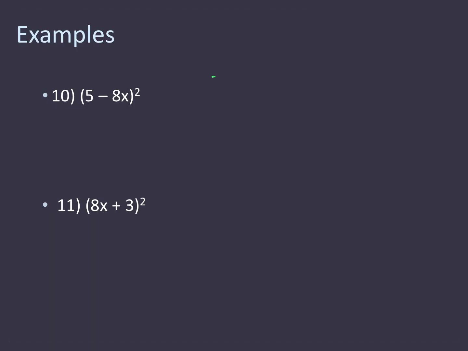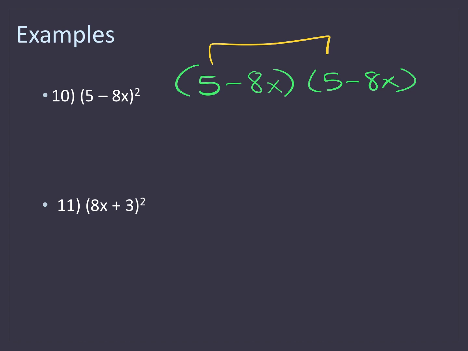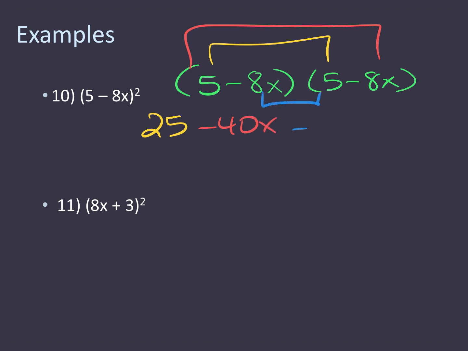So here, 5 minus 8x, 5 minus 8x. Again, we're going to FOIL. We get 25. Outer, negative 40x. Inside, negative 40x. And then finally, last, negative 8x times negative 8x is positive 64x squared.